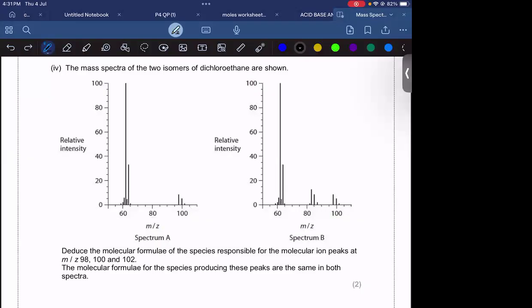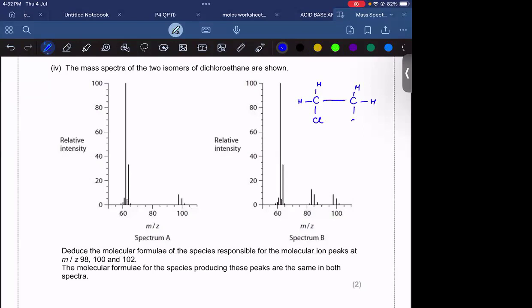So this is another question. They are saying the mass spectra of the 2 isomers of dichloroethane are shown. Let me tell you what is dichloroethane. Basically, you have 2 carbon atoms, and dichloroethane is just like this.